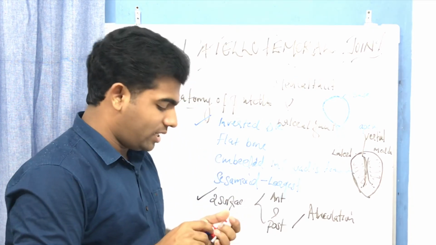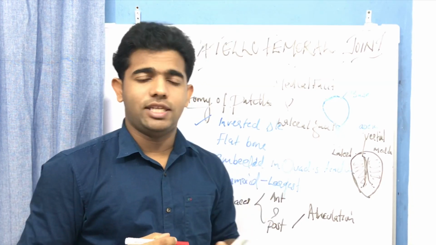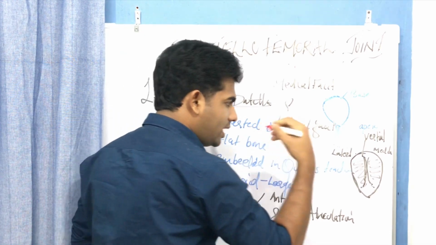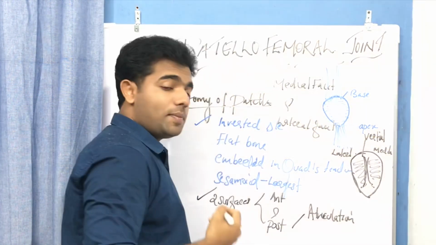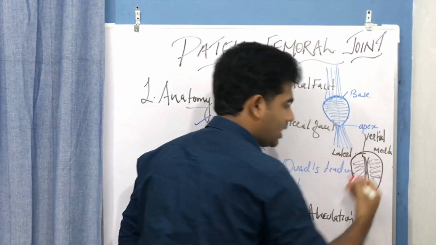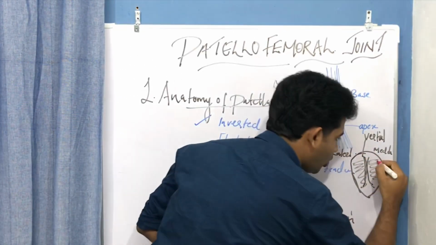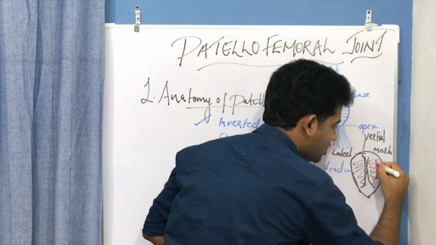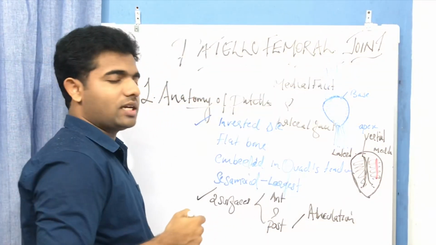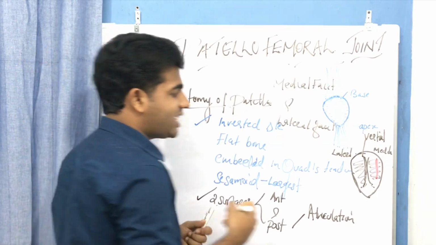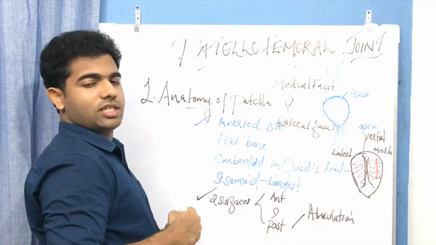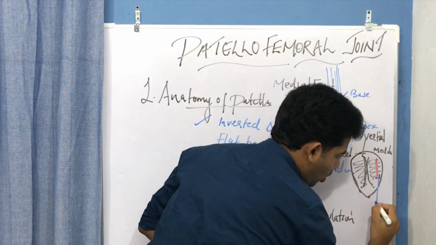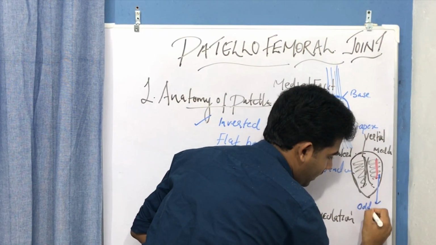And in some individuals, the medial aspect of the patella again has one more vertical ridge, which divides the medial facet and makes an extremely medial facet, and that is known as the odd facet of patella.